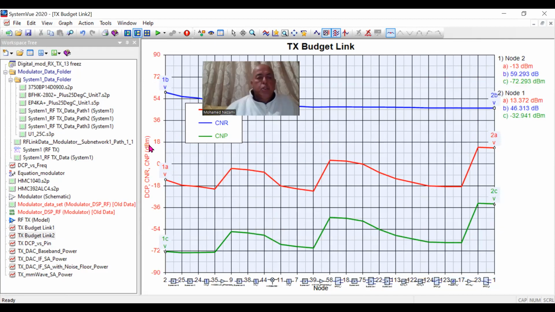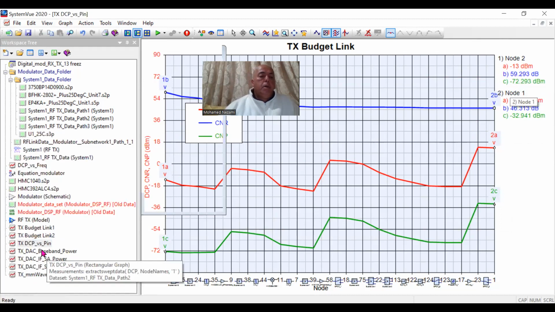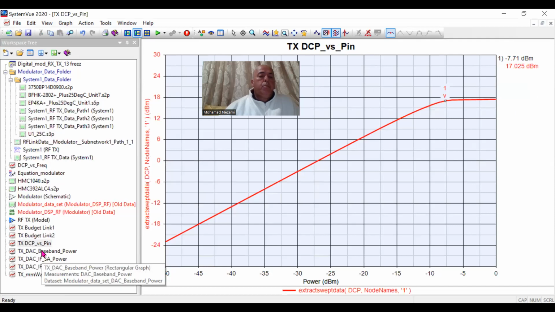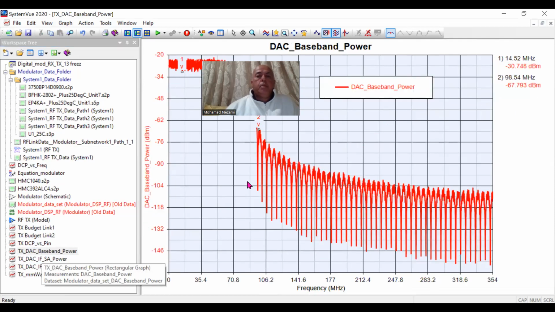This is just running the RF section, not running it with the DSP section yet. And the same numbers that I showed before, we're getting the output SNR of about 46 dB, while the input SNR out of the DAC is 60 dB. We did show this in video number 6, so there's no need to repeat it.